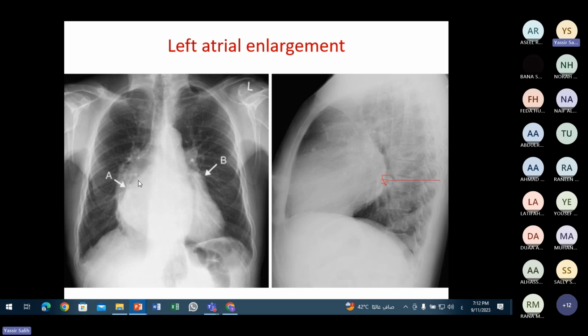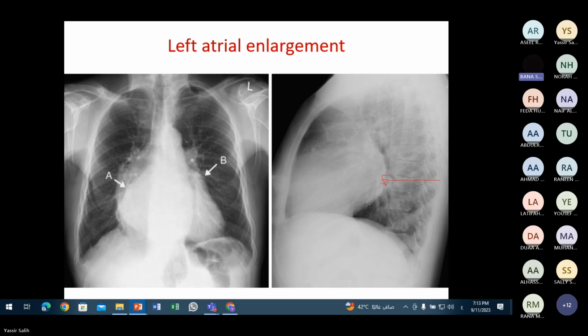Because the left atrium becomes enlarged, it creates another border to the heart. So we have a double border: this one caused by the normal right atrium, and this one formed by the enlarged left atrium. This is one wall and this is the other wall.